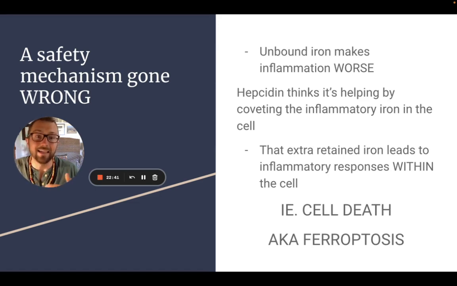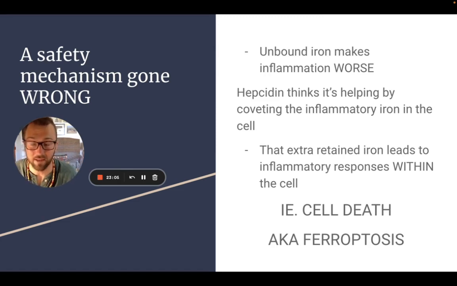Okay? The thing is, if the source of the inflammation is iron itself, when the hepcidin goes, oh, let me protect us from this inflammation and draw this iron in, it's making things worse. So that extra retained iron leads to an inflammatory response within the cell.